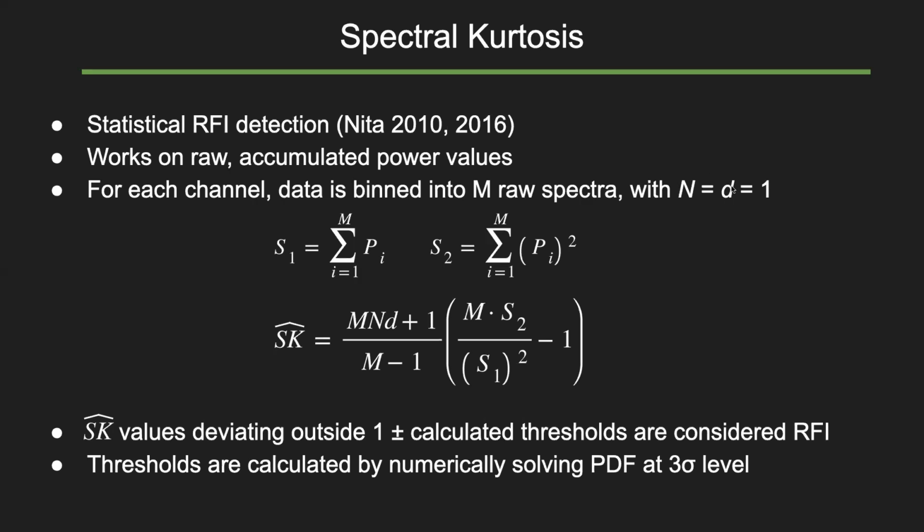And D is a spectrometer shape parameter, which should be 1 for an FFT spectrometer, but it can be different if you have a different kind of programming or spectrometer setup. I don't really know too much about how that works.